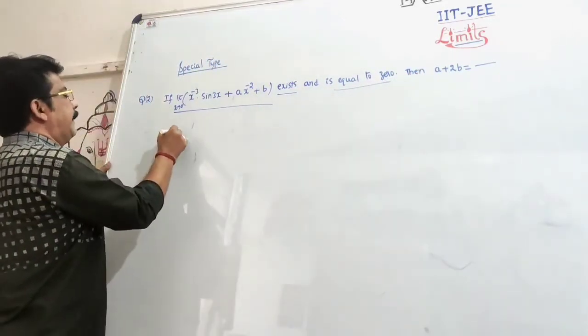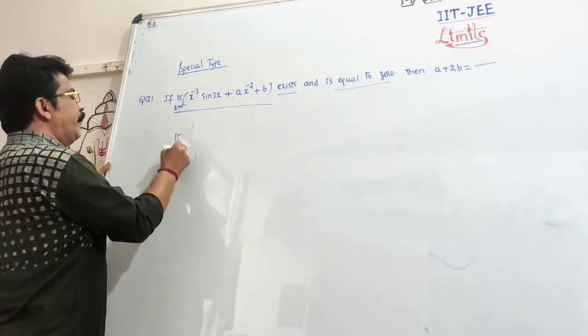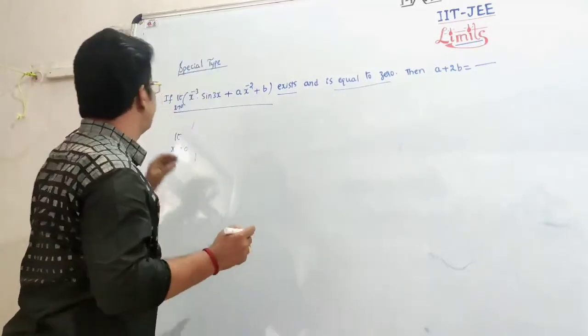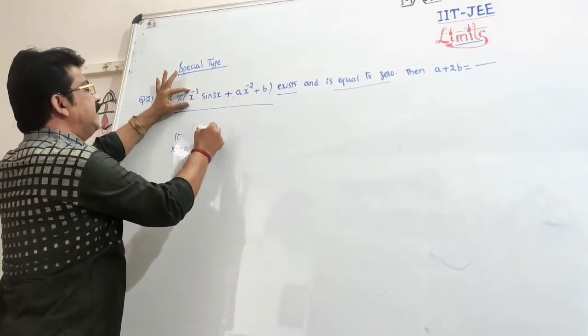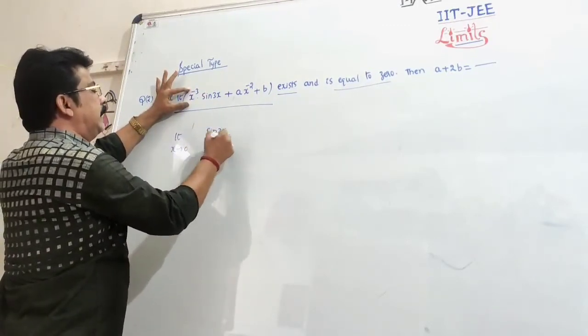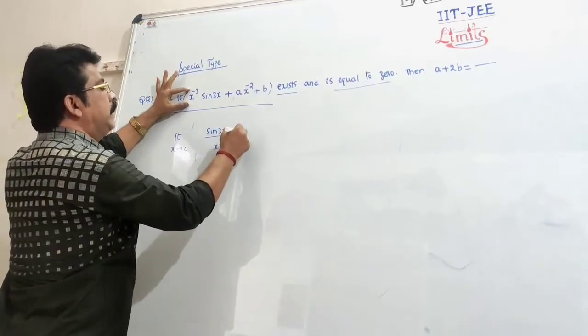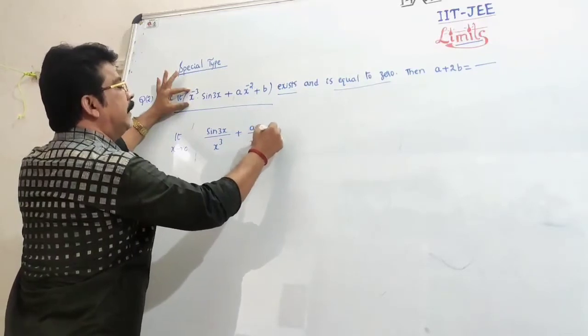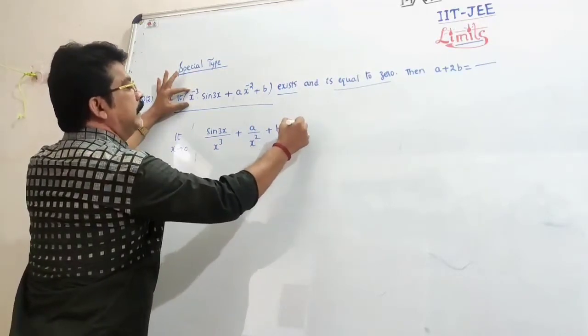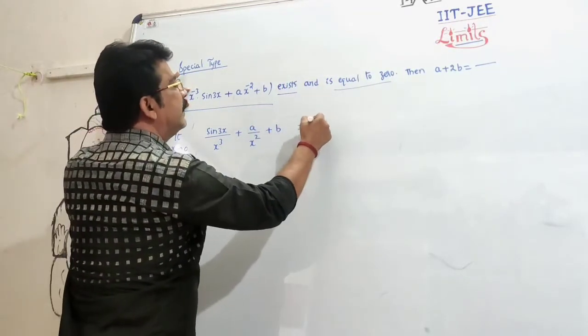So given that limit x tends to 0, x power minus 3 means it is sine 3x divided by x cubed plus a divided by x square plus b, that exists and is equal to 0.